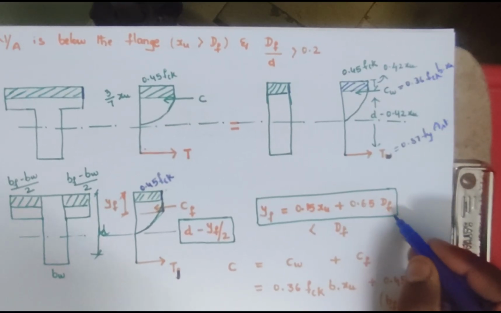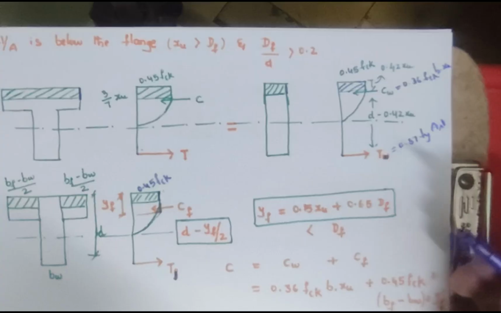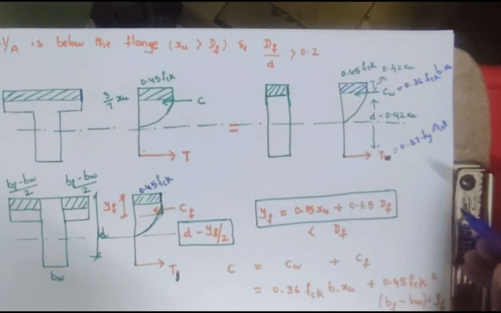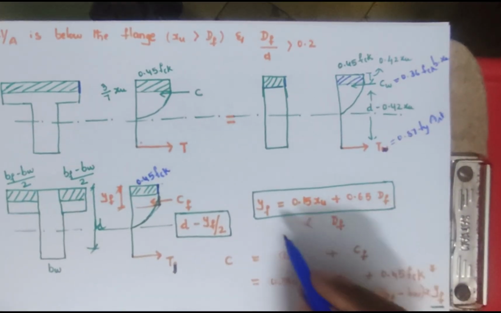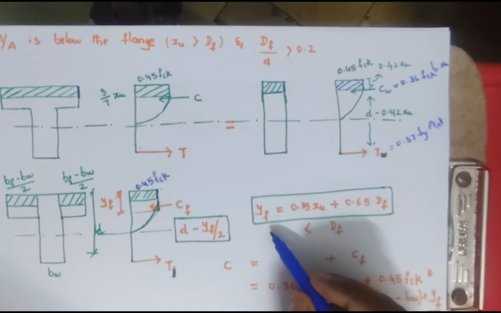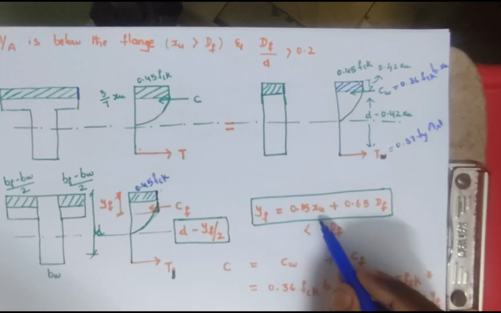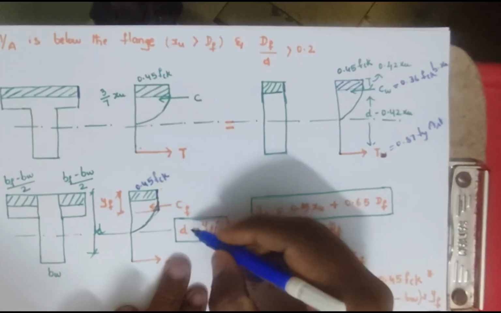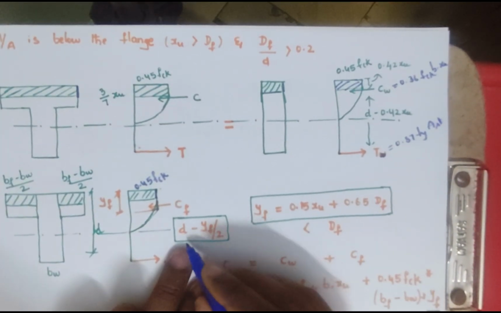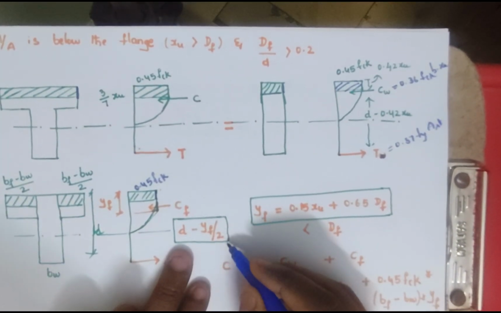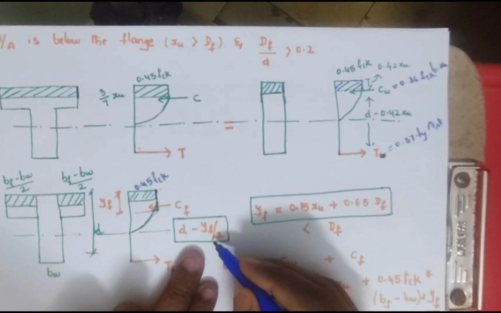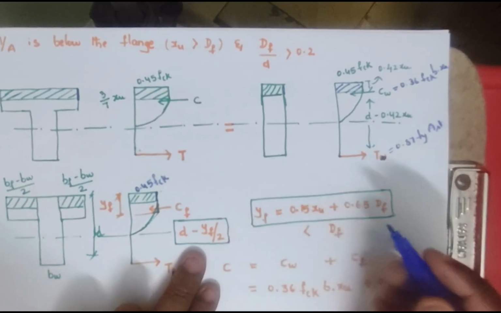Right? Now we can use the same formula as in the case of Df by d less than or equal to 0.2, but here we simply need to replace the depth of the flange with yf, where yf is 0.15 xu plus 0.65 Df. See, in the earlier case it is small d, the effective depth, minus the depth of the flange by 2. Here we are replacing the capital Df with small yf by 2, the modified thickness of the flange.